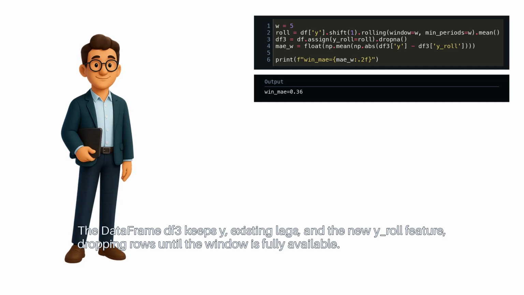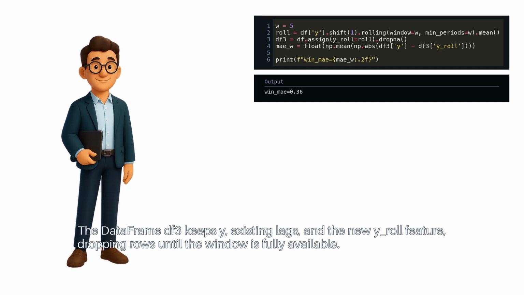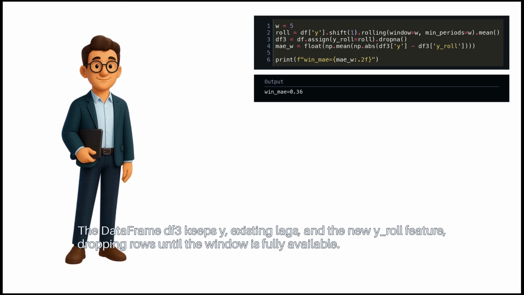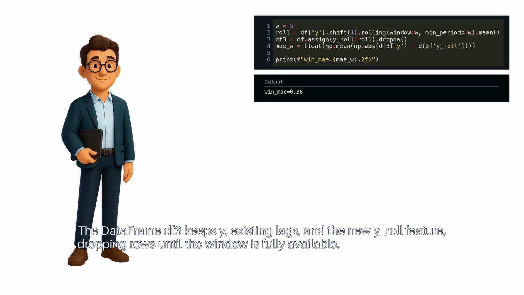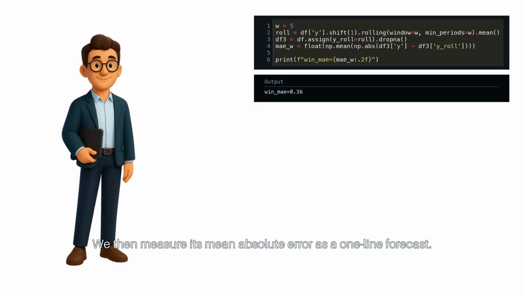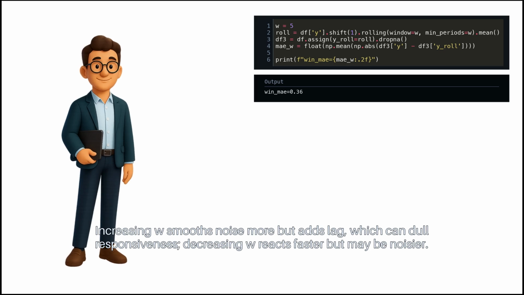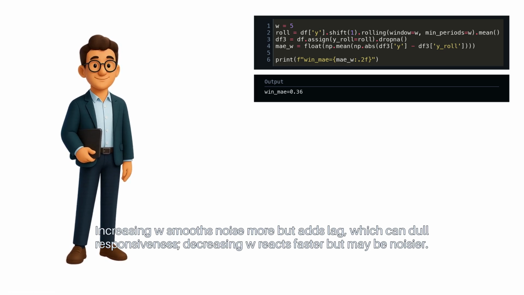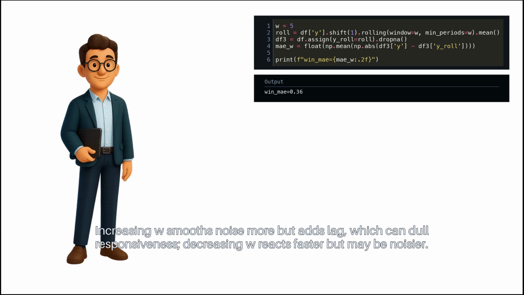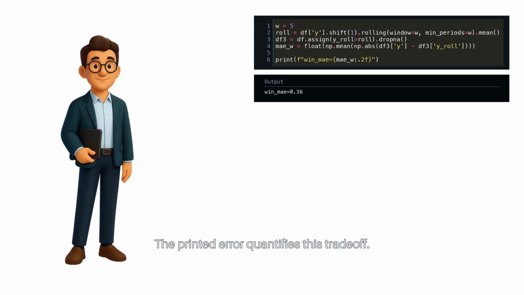The DataFrame df3 keeps y, existing lags, and the new yRoll feature, dropping rows until the window is fully available. We then measure its mean absolute error as a 1-line forecast. Increasing w smooths noise more, but adds lag, which can dull responsiveness. Decreasing w reacts faster, but may be noisier. The printed error quantifies this trade-off.